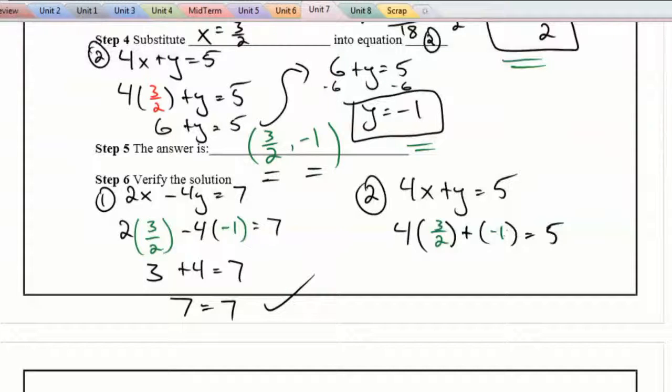And then I get 5. So 4 times 3 is 12 divided by 2 should give me 6. And then I'm going to get minus 1 is 5. And I get 5 is 5.